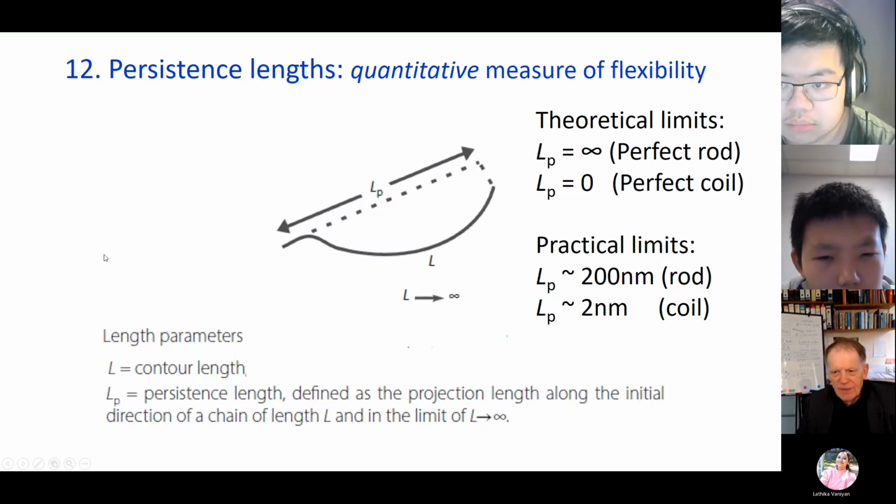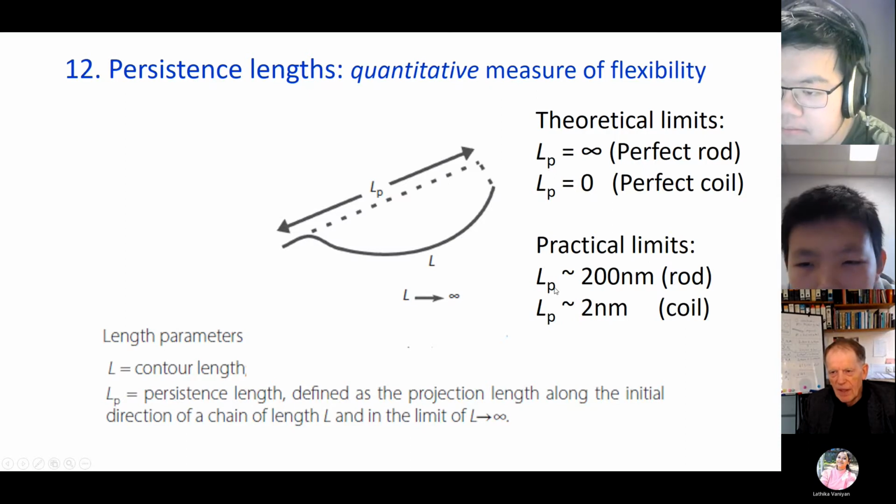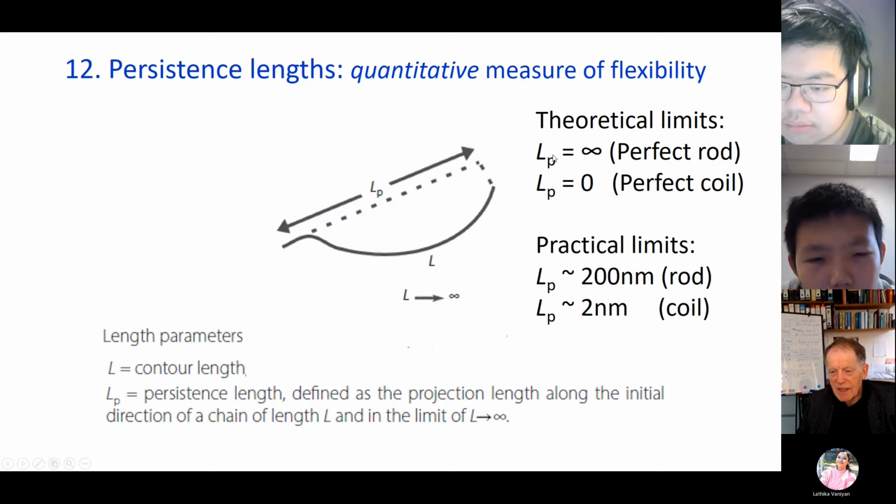So averaged over a period of time, the persistence length would be an average of all the positive directions and the negative directions, so the average would be 0 for a perfect coil. So the persistence length gives us a measure of the flexibility.